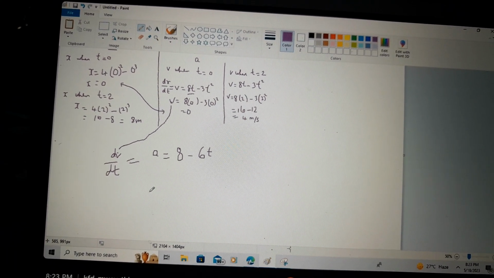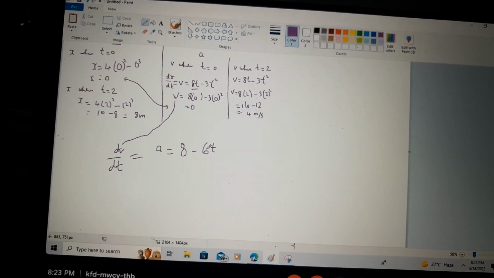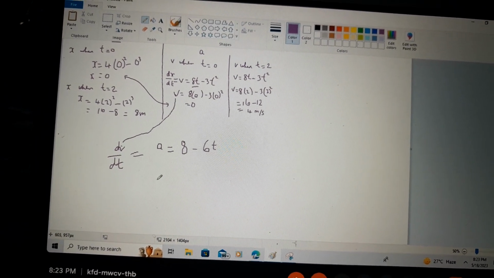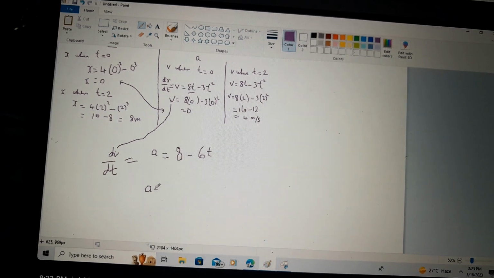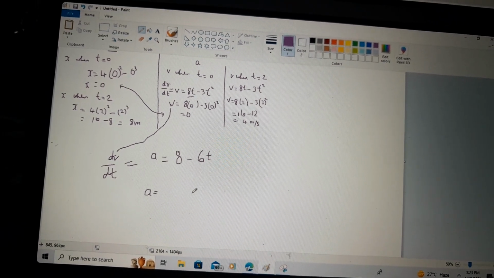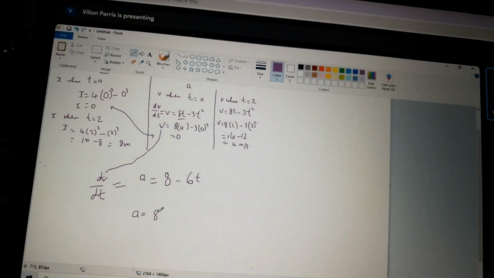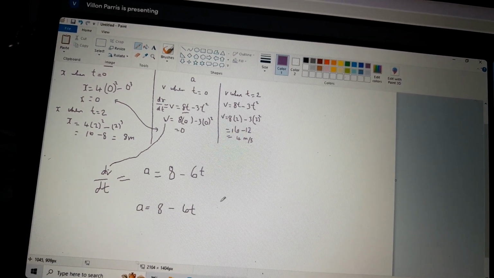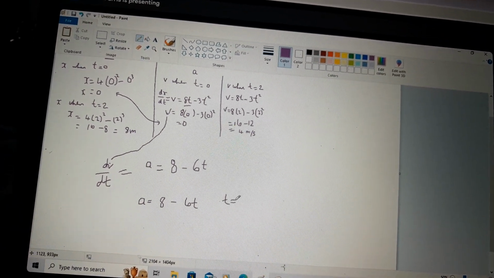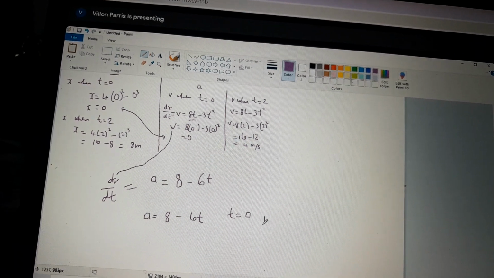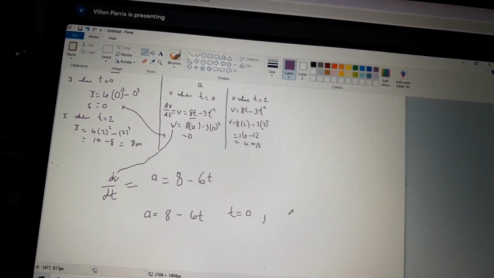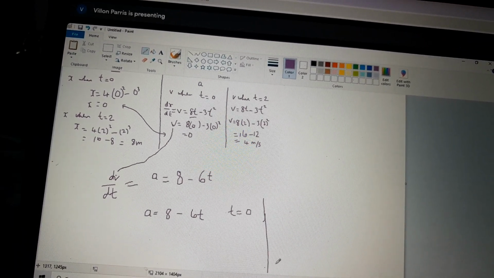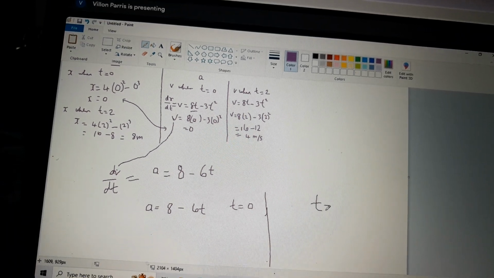All right, so the next thing would be we are asked to find the acceleration. The acceleration is 8 minus 6t. When t is equal to 0, and we're also asked to find the acceleration when t is equal to 2. So basically, what do we have to do here?